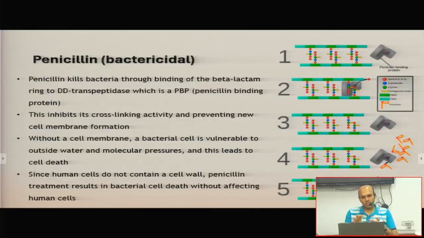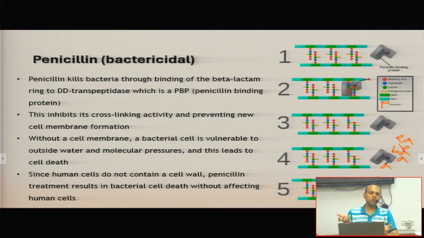But here you can see this is what is happening when the penicillin binds to that protein. So it inhibits the cross-linking activity, as I highlighted, preventing new cell wall formation. Without this cell wall, the bacterial cell is vulnerable to outside water, because we all know in a construction you need a very solid construction.